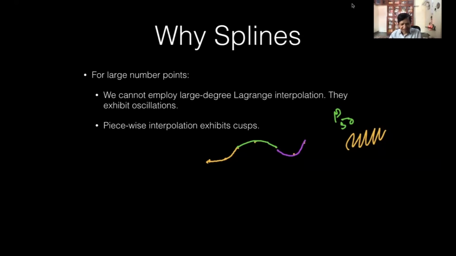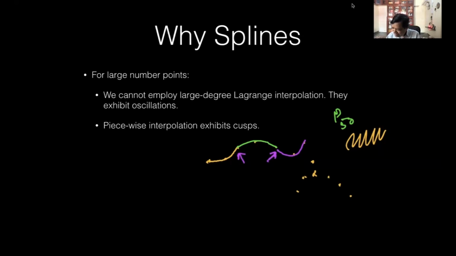It looks nice, except there's no guarantee that the slopes are equal at these points, left and right slopes. Here I chose the point slightly randomly, but imagine I choose these 3 points, and then points like this.